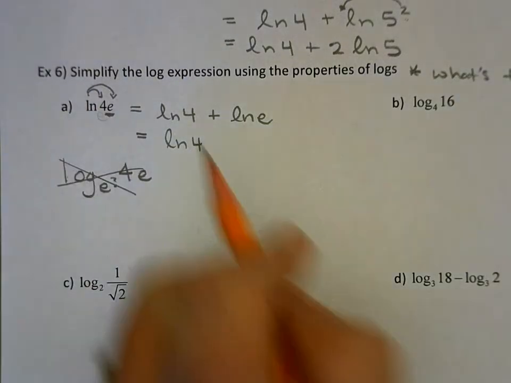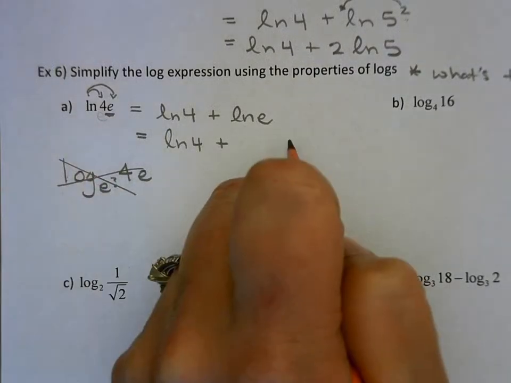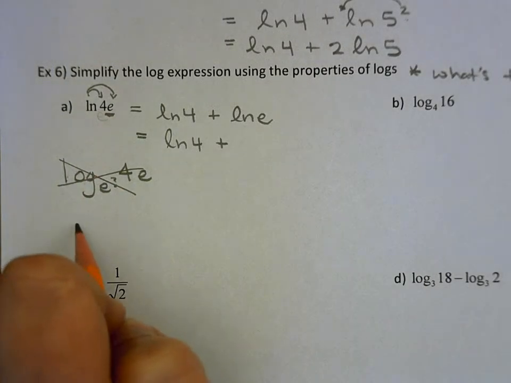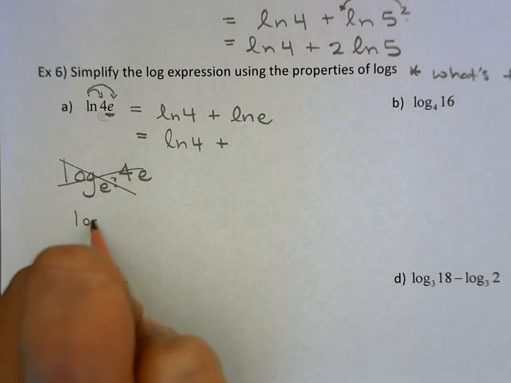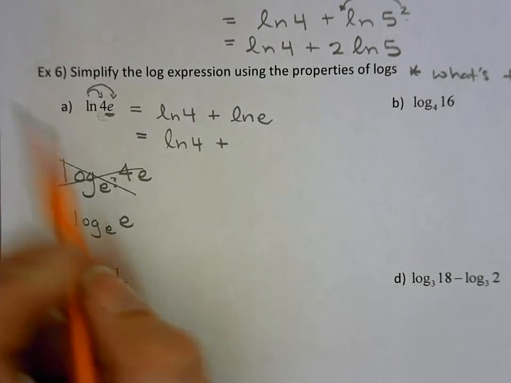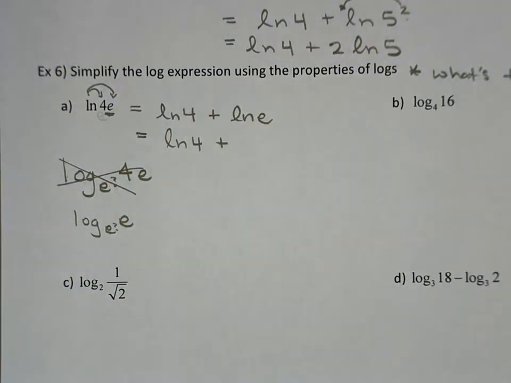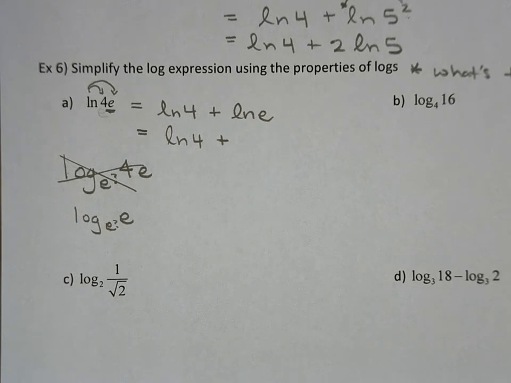Here I've got the natural log of e. I know that natural log is the same as log base e. So what power would I put on e to turn it into e? For example, e to the 0 is 1. E to the first is, oh looky there, e.